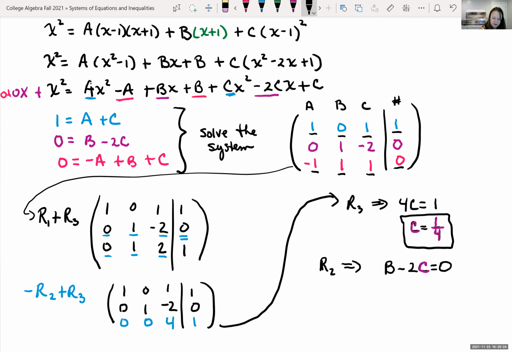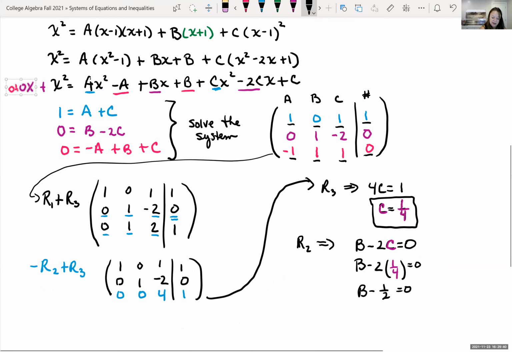We have b minus 2 times c, C is 1/4, equals 0. So b minus 1/2 equals 0. So b is equal to 1/2.